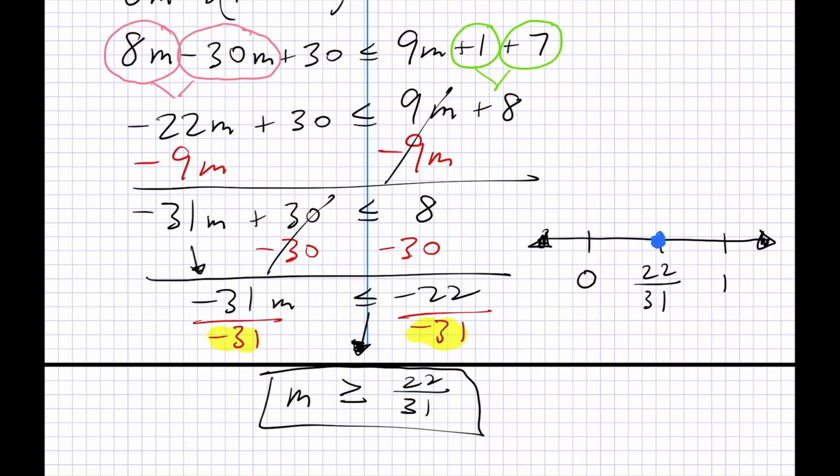Closed. Good. Which way am I going? Is m looking for the numbers bigger than 22 over 31, or smaller? M's looking for the numbers that are bigger. So that's to the right. Okay. That's to the right.